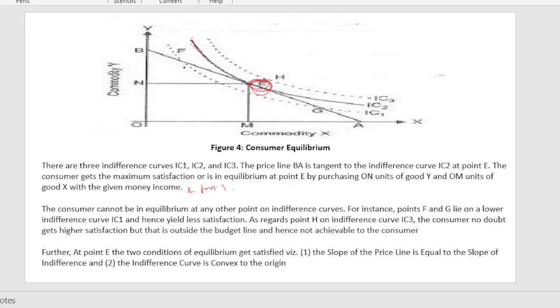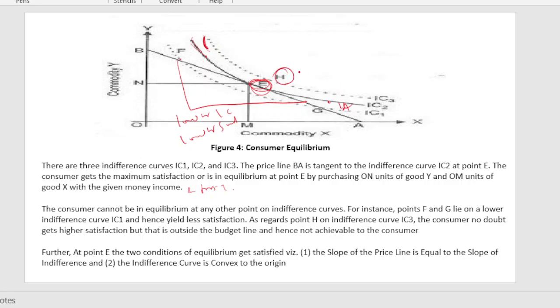Here the consumer can afford points F and G because they are also on the budget line, but the consumer never chooses these because they are on a lower IC, which means lower satisfaction. Points E, C and A give the same level of satisfaction, but points C and A are outside the budget line, so he can't afford them.